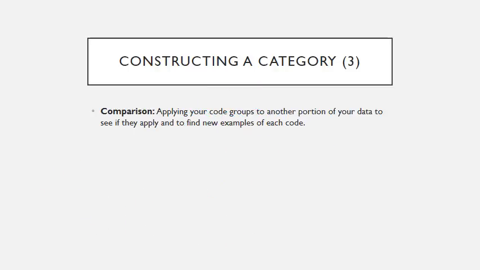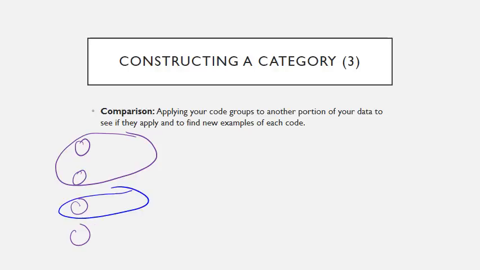Then you have the comparison stage, okay? So going back to your 4 different codes, let's just say 2 of them were in one group, and disregard what colors I use. Just regard the fact that there's 4 different codes, and 2 of them are in one category and 2 others are in other categories.